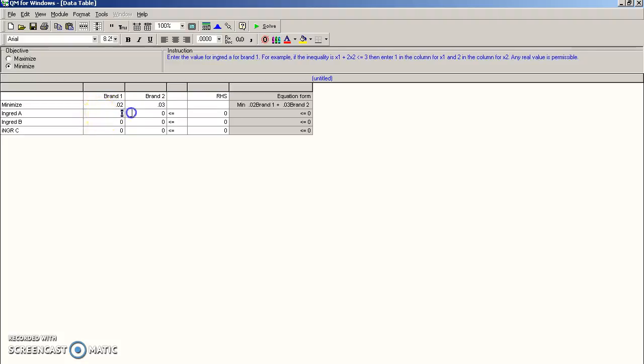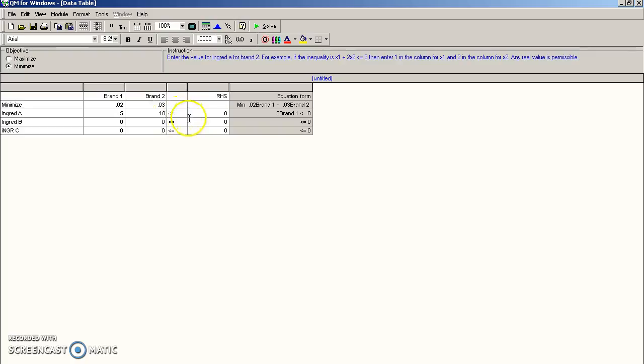And ingredient A, the minimum monthly requirements per turkey for ingredient A is 5 ounces. For brand 2, it has 10 ounces.